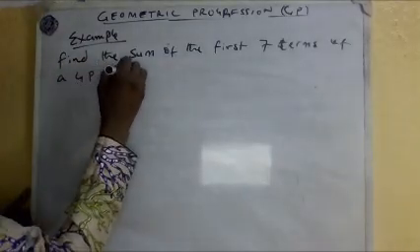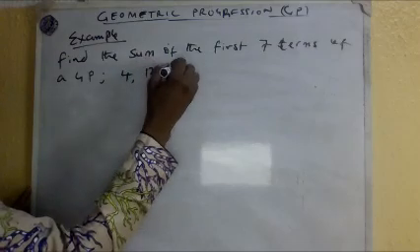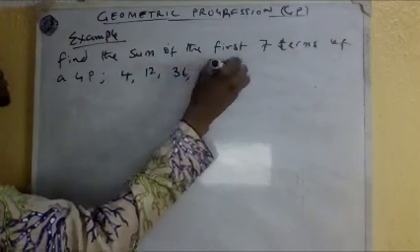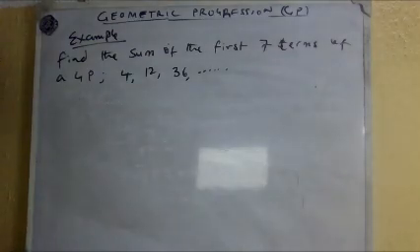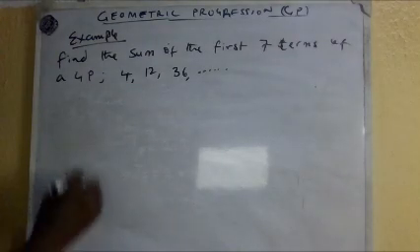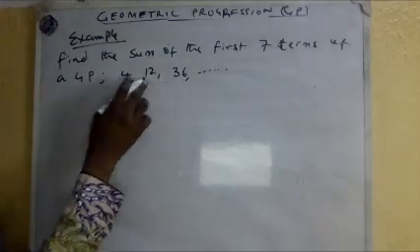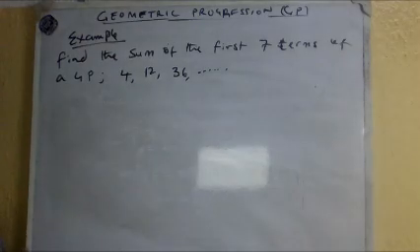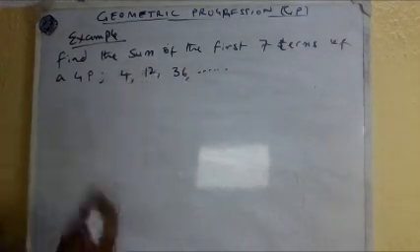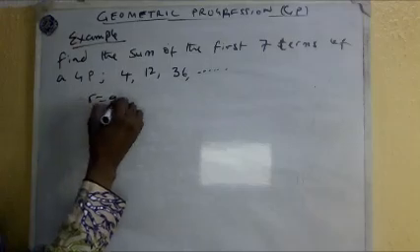The sequence is 4, 12, 36, and so on and so forth. So first of all, what's the common ratio? That's what we're interested in. If I divide 12 by 4, I get 3. If I divide 36 by 12, I still get 3. So R is equal to 3.